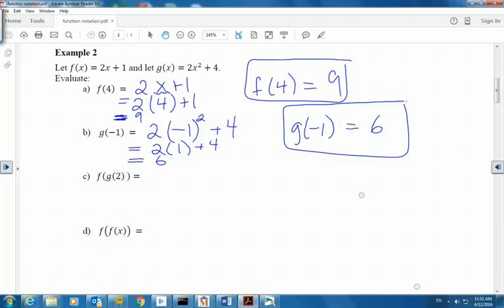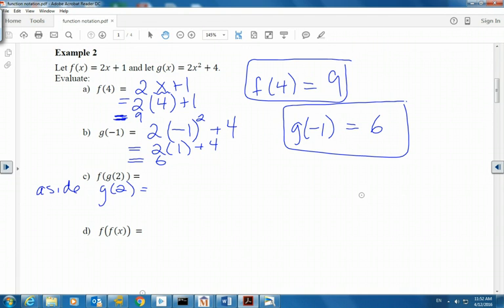Okay, so now here, let's turn it up a little bit. I've got f of g of 2. Yeah, work from the inside out. What do you figure out first? g of 2. So let's work aside over here, and let's figure out g of 2.